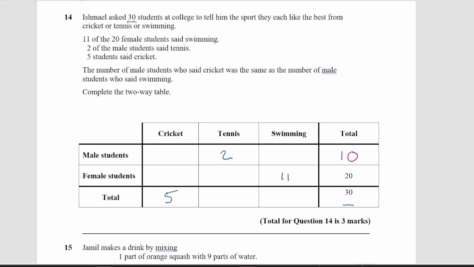The number of male students who said cricket was the same as the male students who said swimming. So we've got 8 to split evenly between here, so it's got to be 4 and 4. Meaning my missing value here is going to have to be a 1. My missing value here is going to have to be an 8. We're going to have a 10 here, and then finally 15 here. I can double check that 15 in 2 ways. I can either check it vertically using that total, or I can check it horizontally using those values.